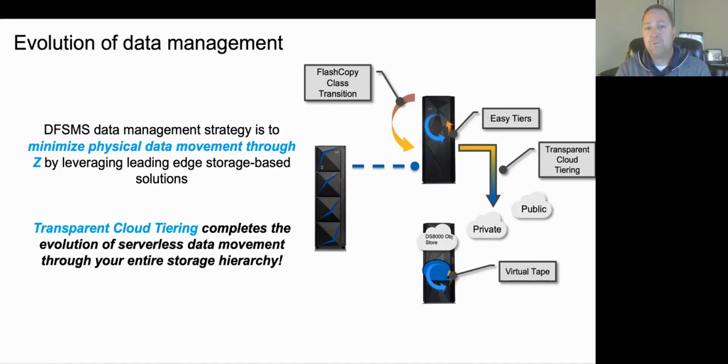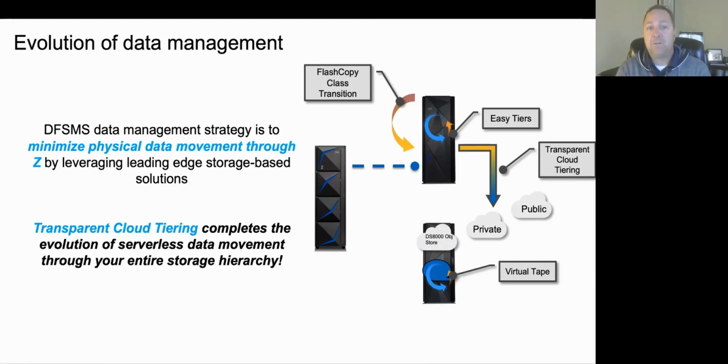But if you notice, all of these advanced functions worked within a storage tier. FlashCopy works within the DS8000. Easy Tier works within the DS8000, or what we would call the online tier. With virtual tape, they had their own lifecycle management, but it was within the TS7700. We never had anything that combined those tiers and allowed us to move data seamlessly between them.